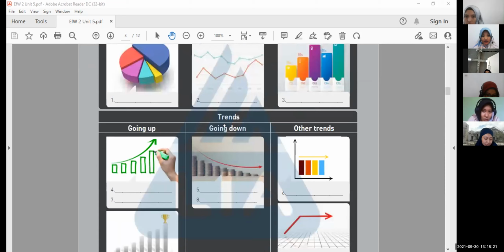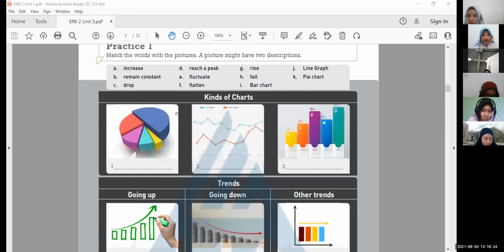You can simply match, for example, 1A or 2B, something like that. You can write it in your own PDF.